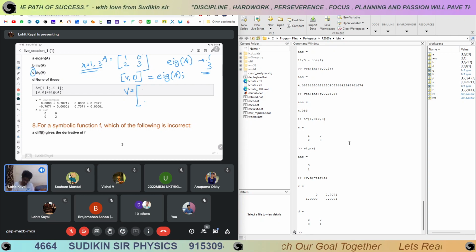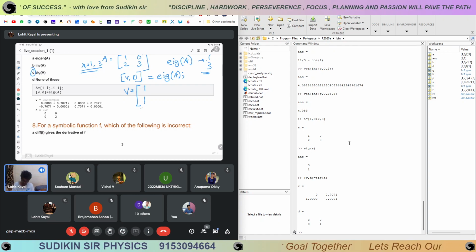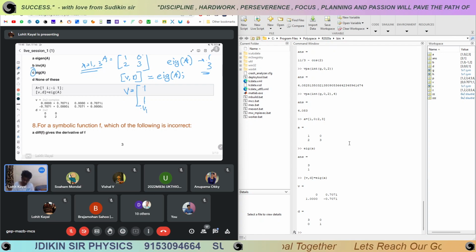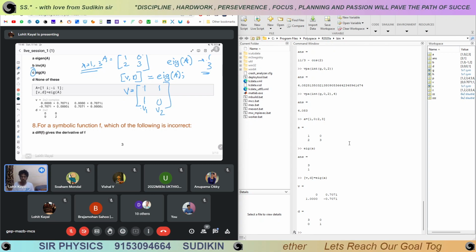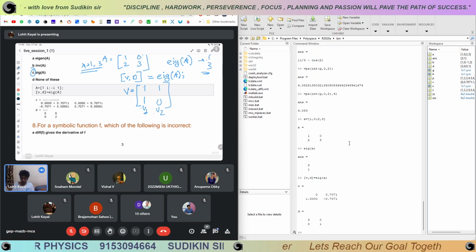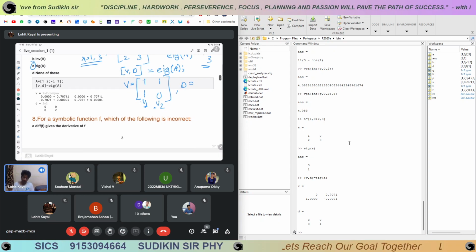Suppose 1 1, this is the first eigenvector, V1, appearing in the first column, and another, maybe 1 0, appearing in the second column, V2. This is the first eigenvector, this is the second eigenvector, and the corresponding eigenvalues will appear in D.